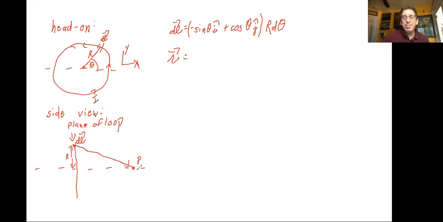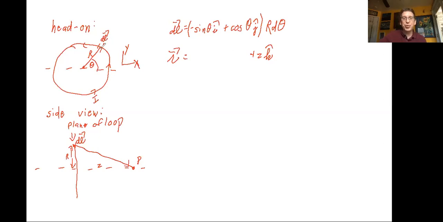So the z component is easy. It's the value z, so you're going to have plus z k hat. Now, as far as the x and y components are concerned, you're pointing into the circle. If you were drawing the r vector from the origin or from the center to the point on the circle, it would be capital R cosine theta i hat plus capital R sine theta j hat.